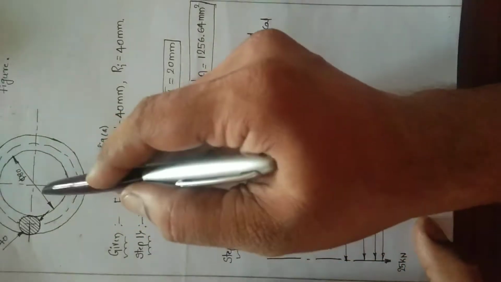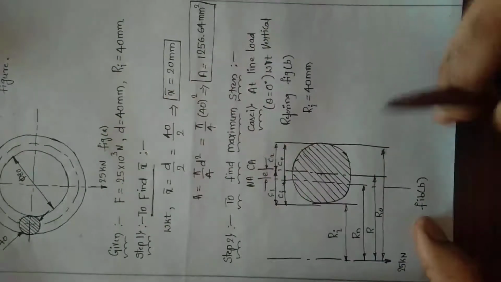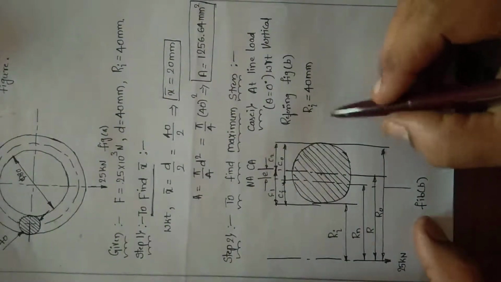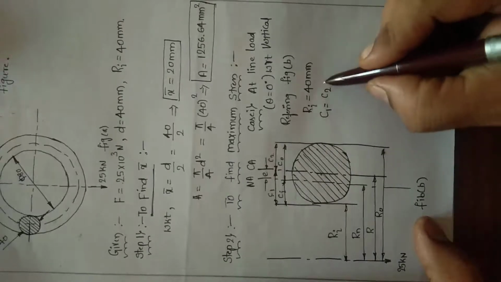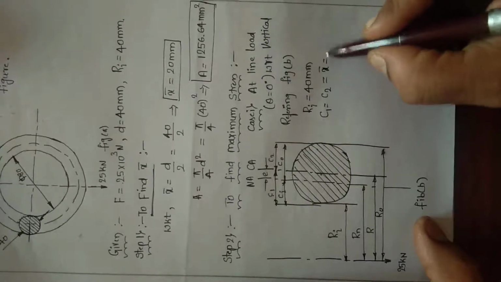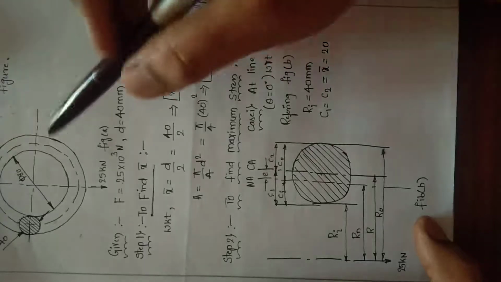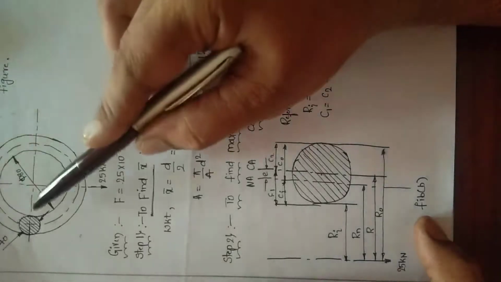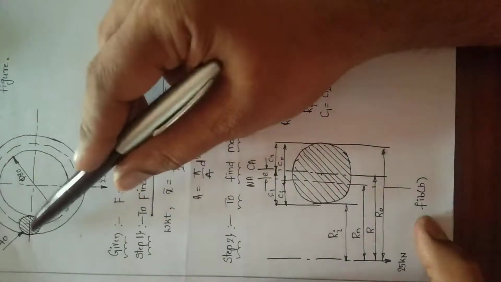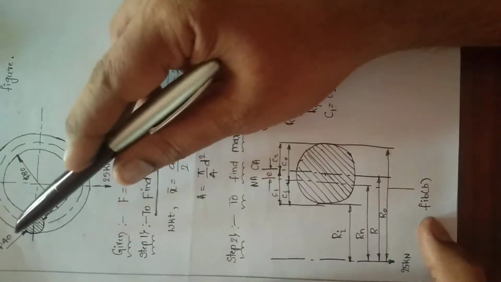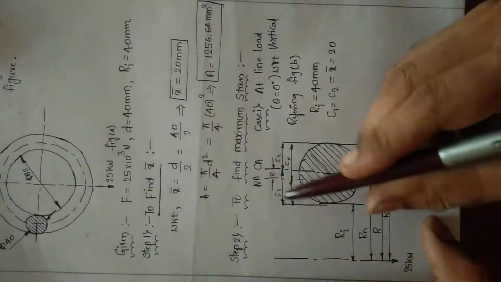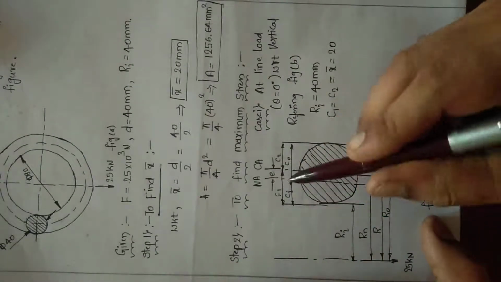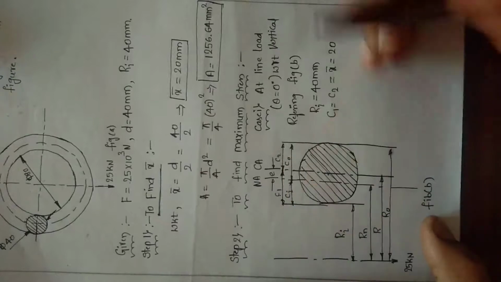So of the total 80 diameter, half of that is 40 mm. So I said C1 is equal to C2 is equal to x dash, that is equal to 20. Why? Because x dash is D by 2, and half of 40 will be 20. C1 and C2 both are the same because the centroidal axis is passing through the center of the circle, so half will be there.